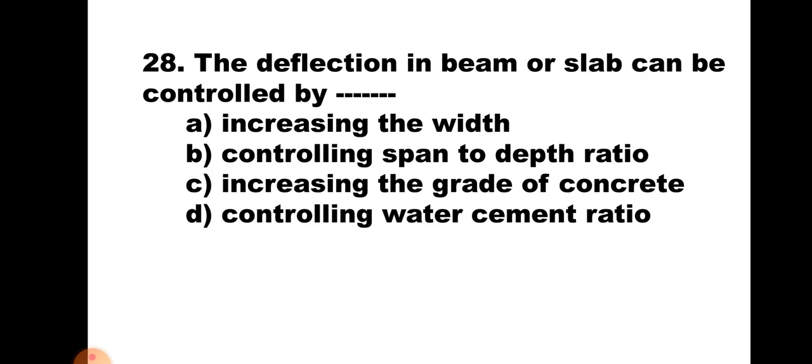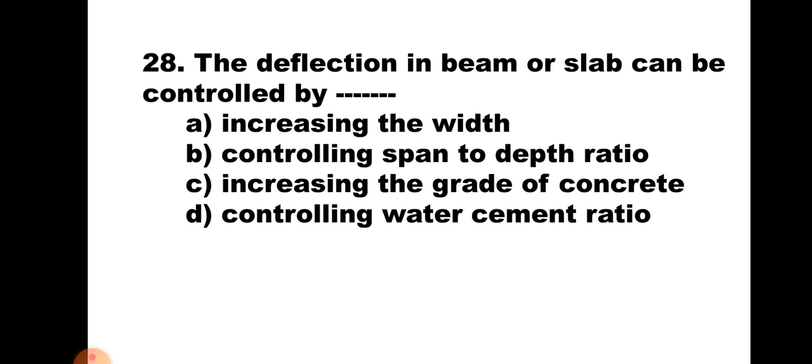Question number 28. The deflection in the beam or slab can be controlled by A, increasing the width, B, controlling the span to depth ratio, C, increasing the grade of concrete, D, controlling water cement ratio. Now deflection is the most important criteria as far as slabs and beams are concerned.